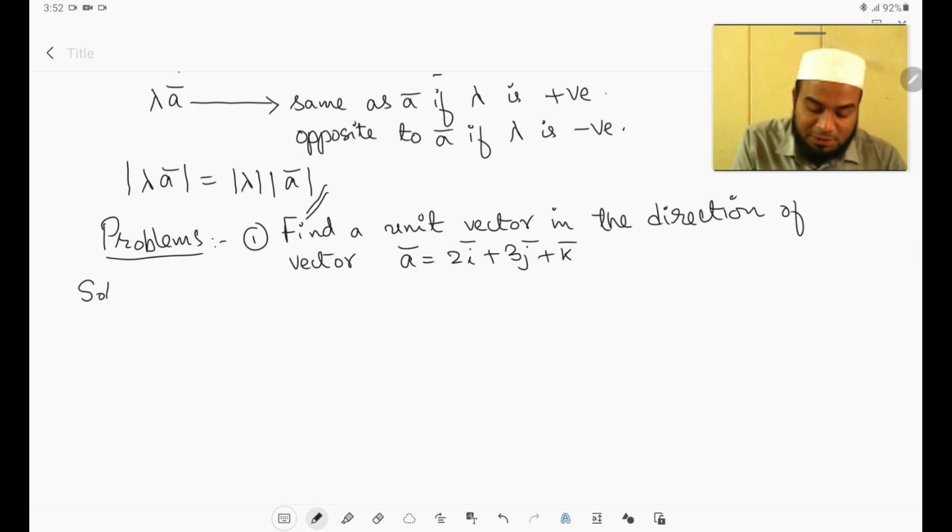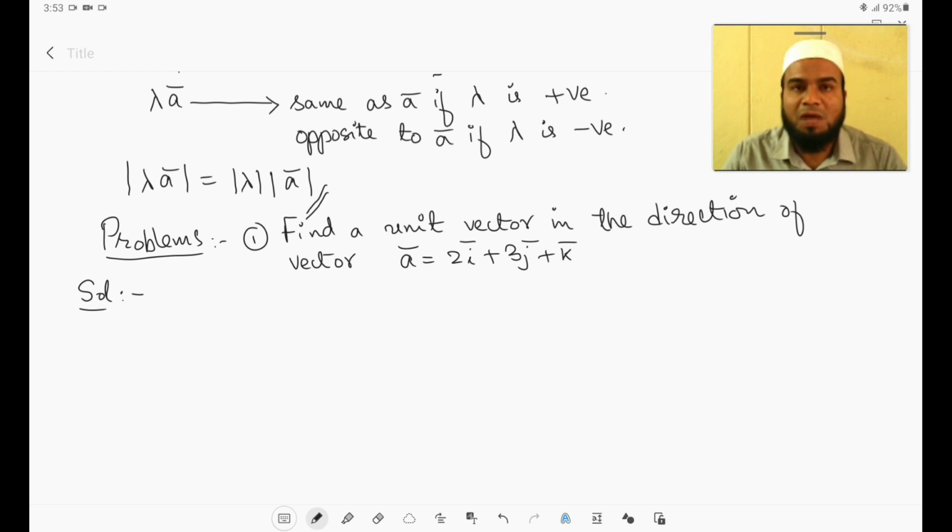How to solve this? Solution of this is given by, so how do we find? This vector a bar equals 2i plus 3j plus k will have some magnitude. We have to find another vector whose direction is the same as a bar, but the magnitude should be 1. So for the vector a bar, let us divide the vector a bar by its magnitude.